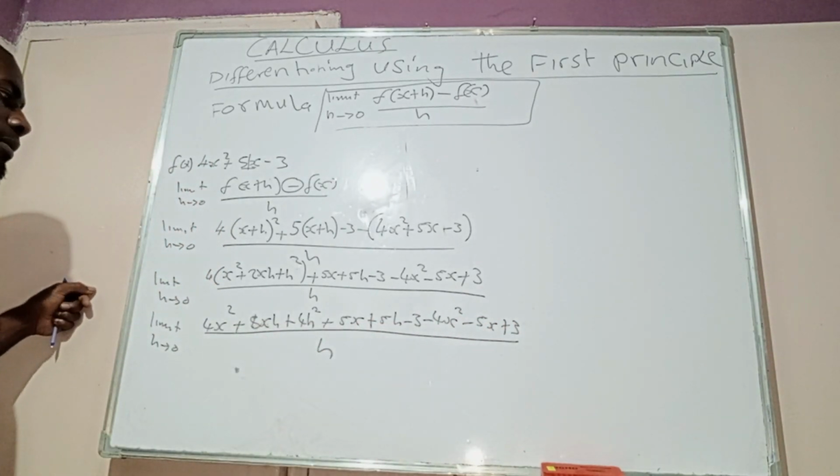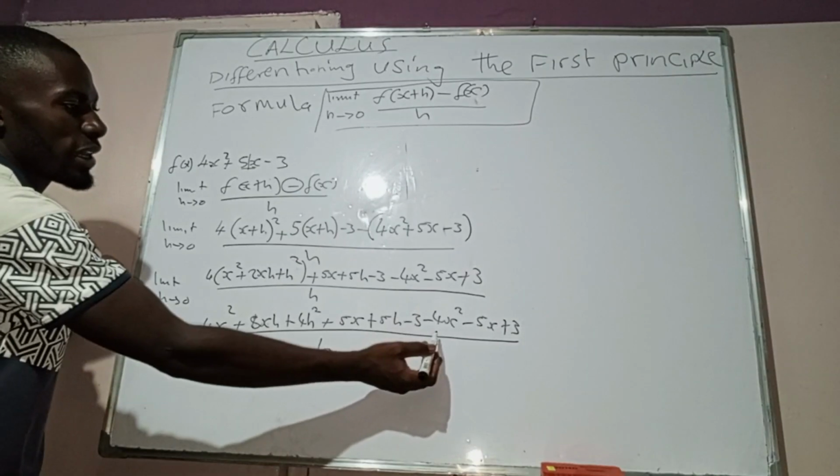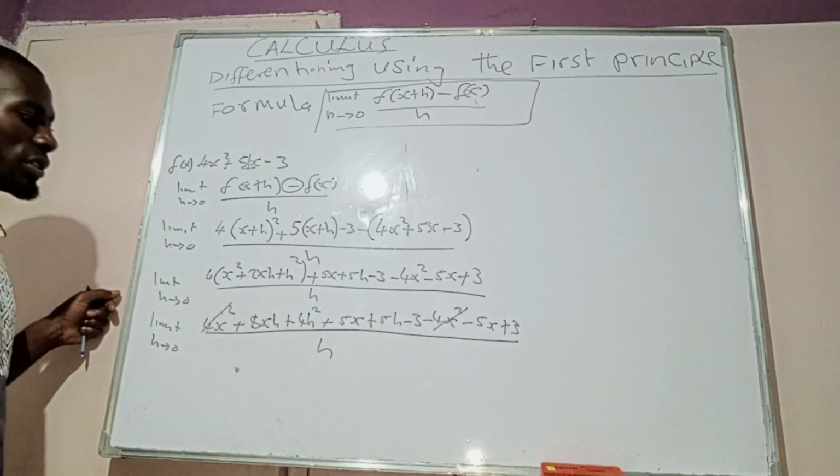H. Okay. So if you have seen here, we have 4x squared, which is a positive, and there you have a negative 4x squared. So these, when you subtract them, they'll give you a 0.